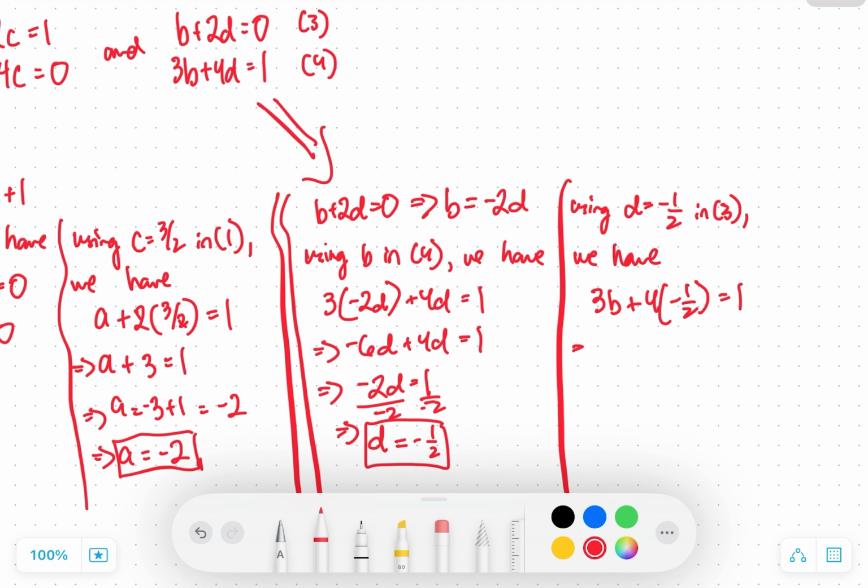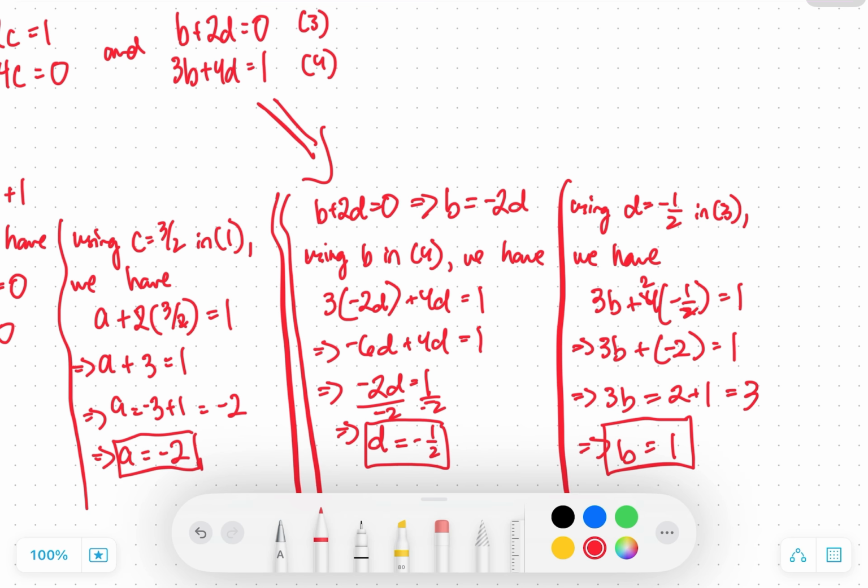Let's simplify: 3b plus, the 2 cancels the halves, so 2 times negative 1 is negative 2, equals 1. So 3b equals 1 plus 2, negative 2 transferred to the other side, which is 3. Hence, b is equal to 1.